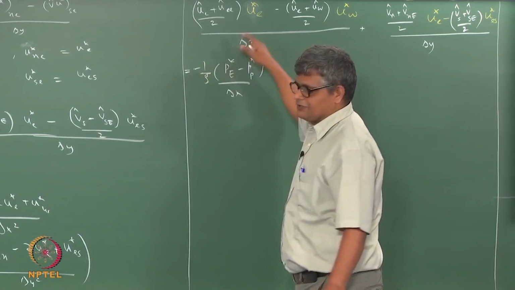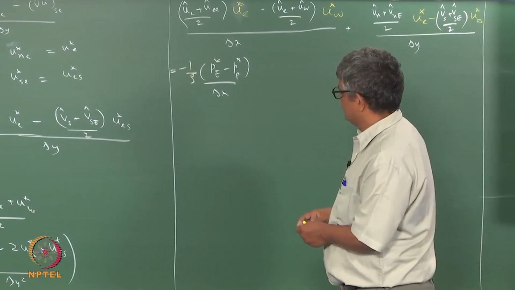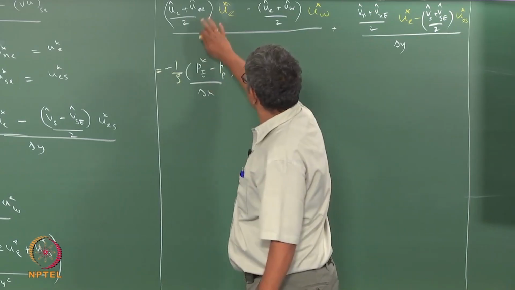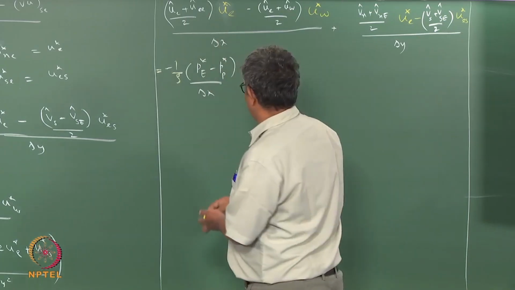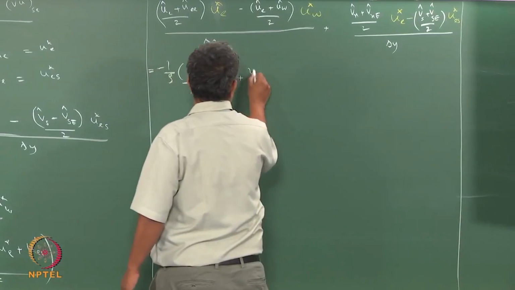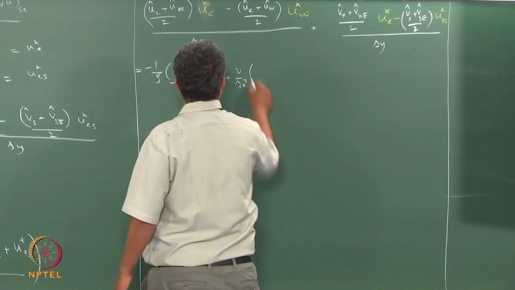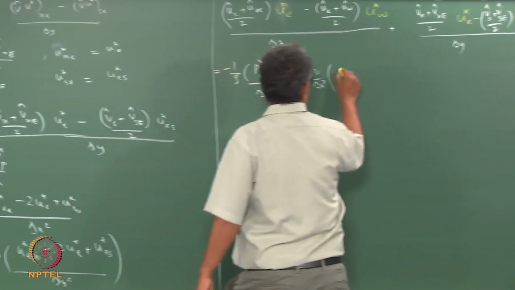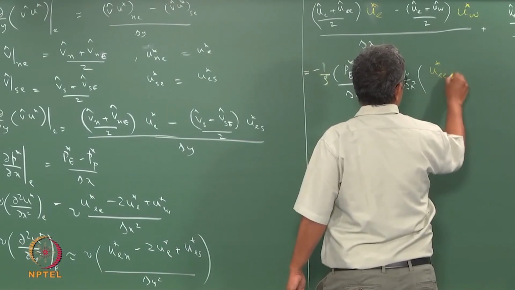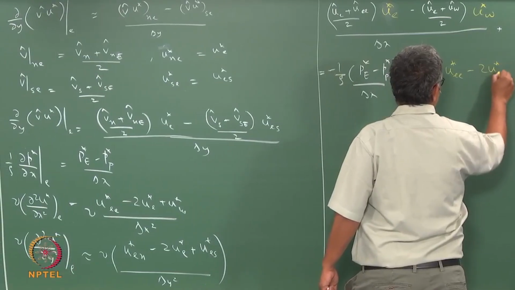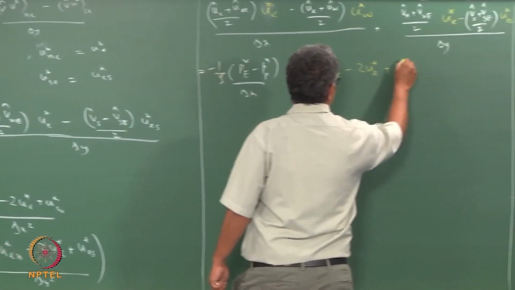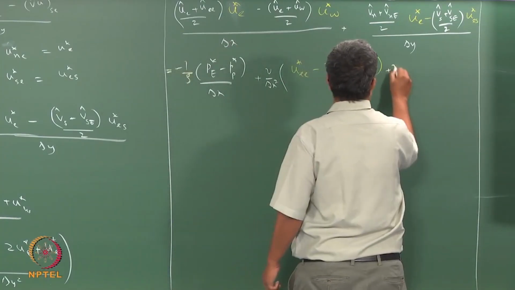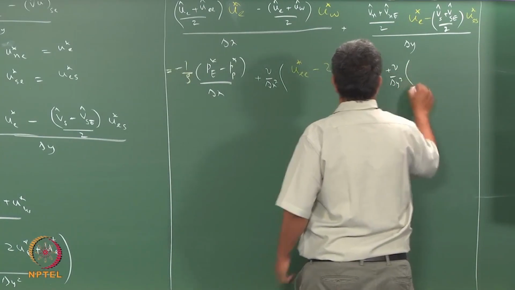Here p is a variable coming from some other equation, so this is assumed to be known when we are solving this equation, plus nu by delta x square, and here we have plus nu by delta y square.